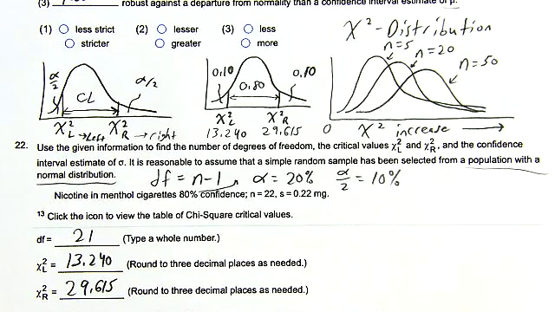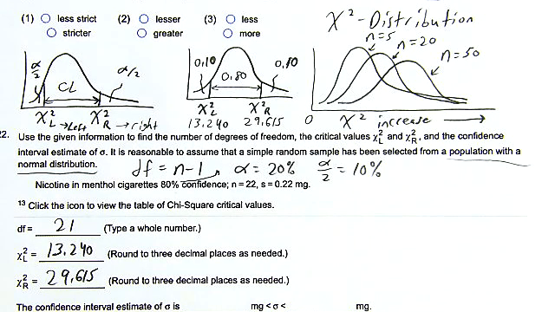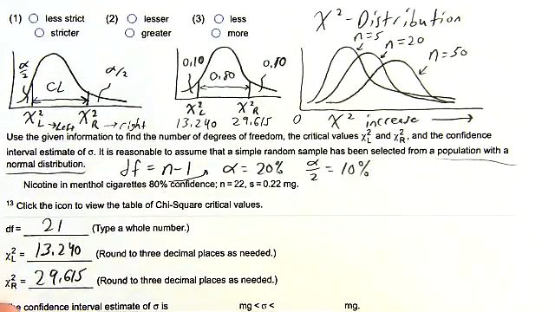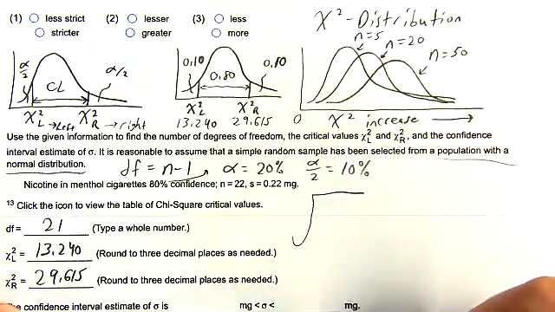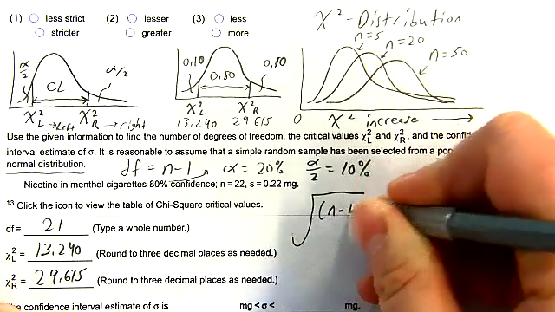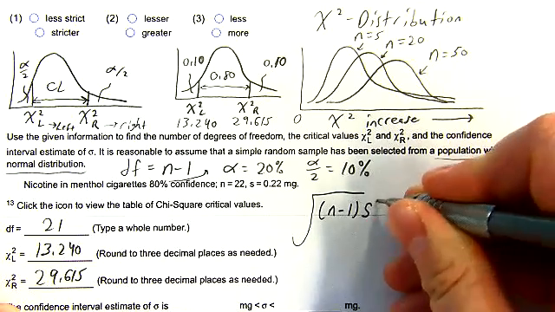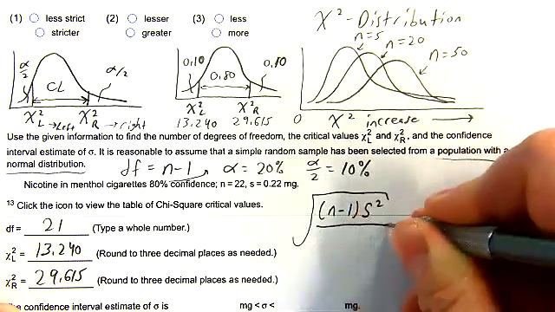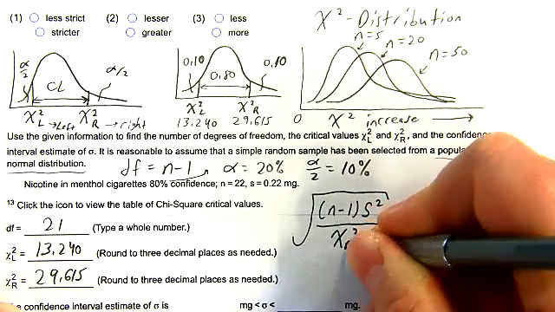The next part is trickier because we have to now do the confidence interval. The confidence interval for the standard deviation looks like this. We have the square root of n minus 1, which is just your degrees of freedom, times the sample standard deviation squared, all divided by the chi-squared right value.